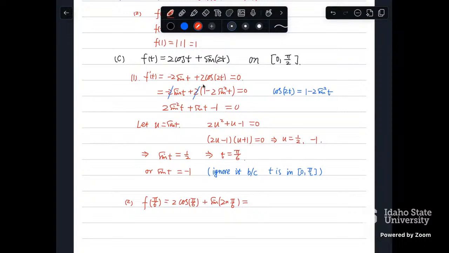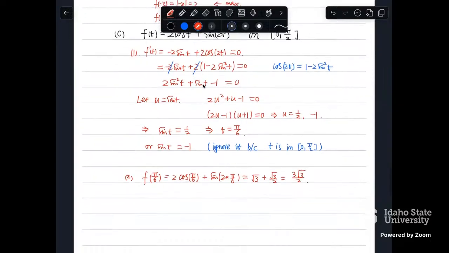It is square root of 3 over 2. Times 2, you get the square root of 3, and then the next one is sine of pi/3, which is square root of 3 over 2. So this is 3 times the square root of 3 over 2. That's f of pi/6.